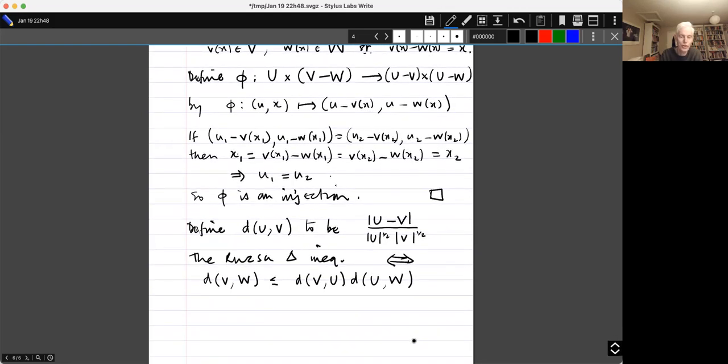Well, that's starting to look a lot more like a triangle inequality. The only slight defect with it is that we've got a multiplication here rather than an addition.